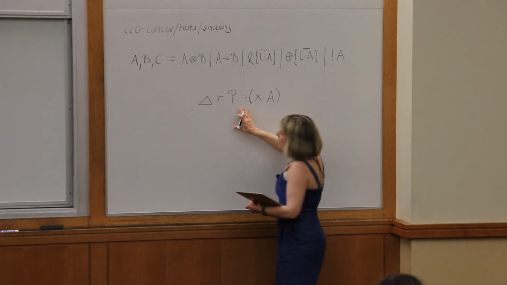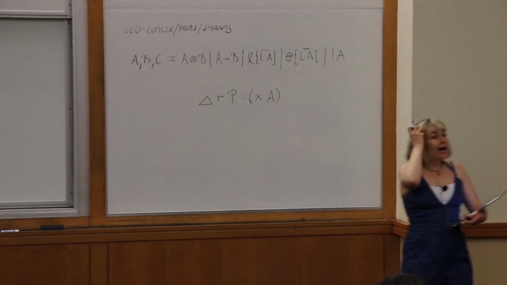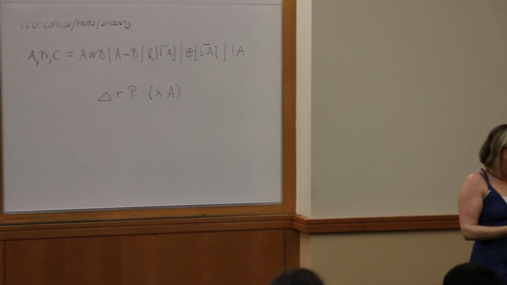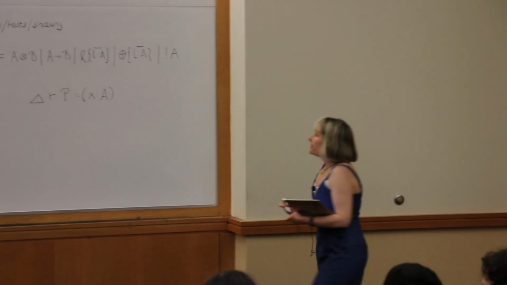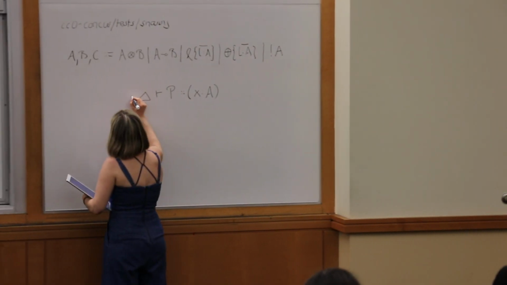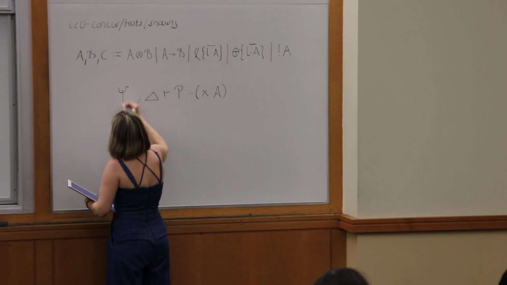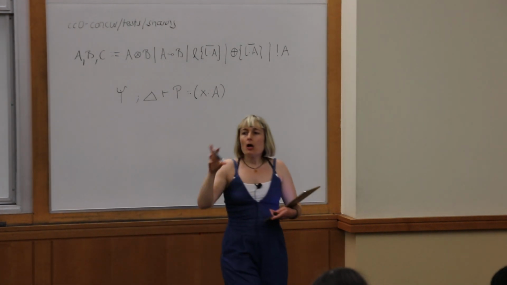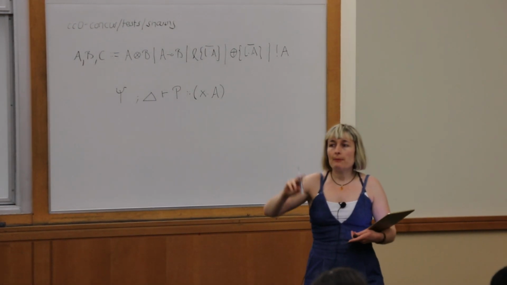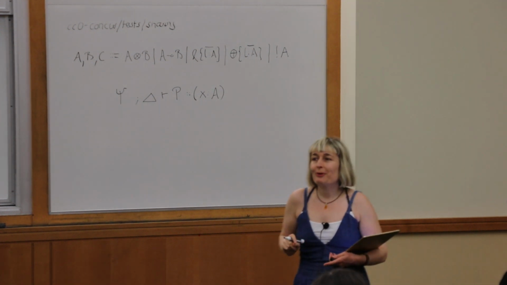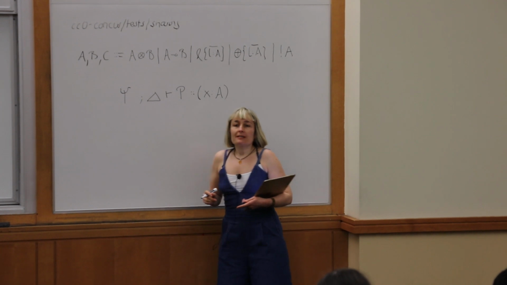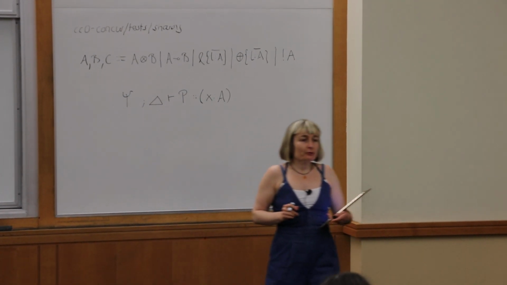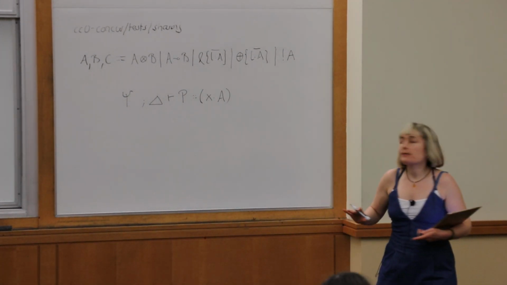Once we introduce persistent truth into our language, we get an additional context, which I'm going to refer to as psi. Paul, in the first week, used gamma, but I have a reason why I'm not going to use gamma for this. We can use whatever Greek letter we want, but sometimes there are conventions.